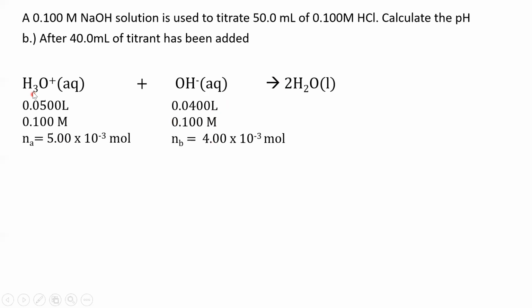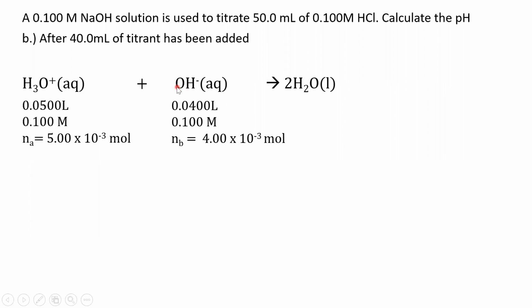Now, strong acids and strong bases react to completion. So when we look at the number of moles of acid we have and the number of moles of base we have, the smaller one is the limiting reactant. That means the hydroxide is going to be completely consumed.